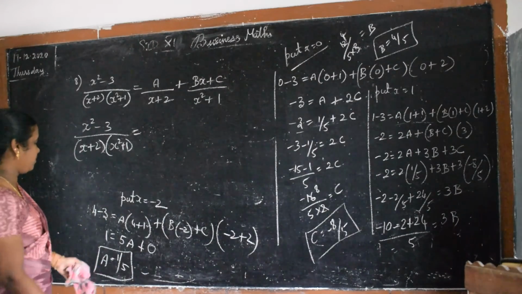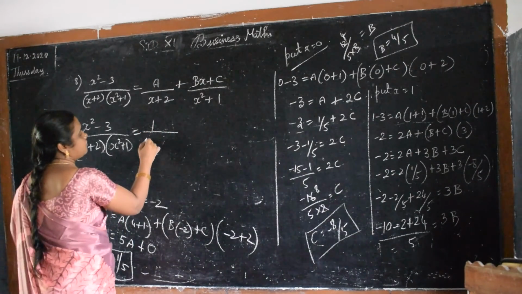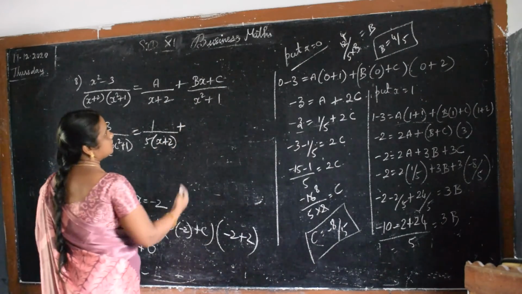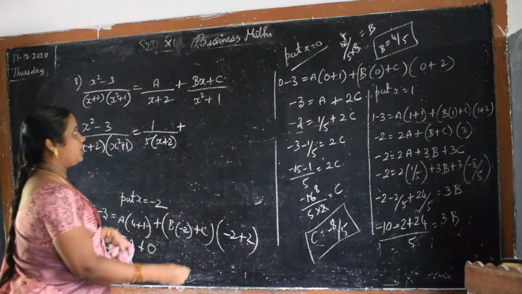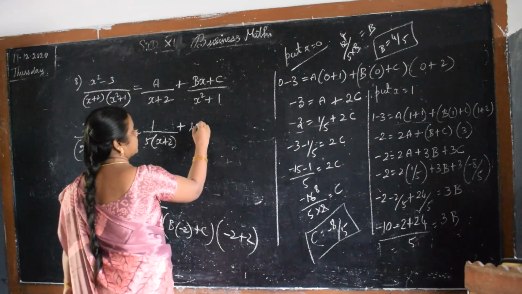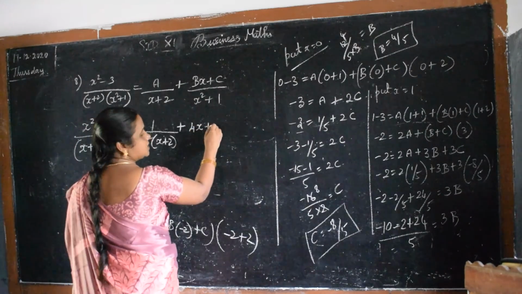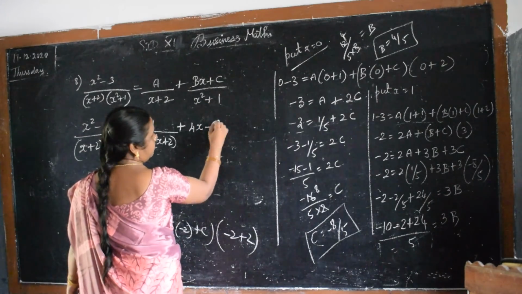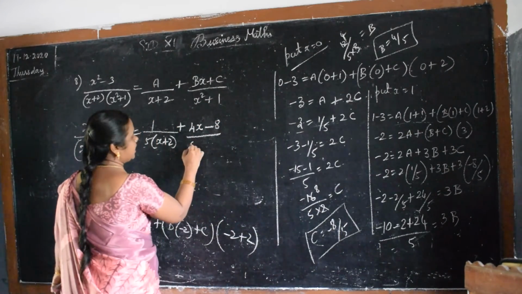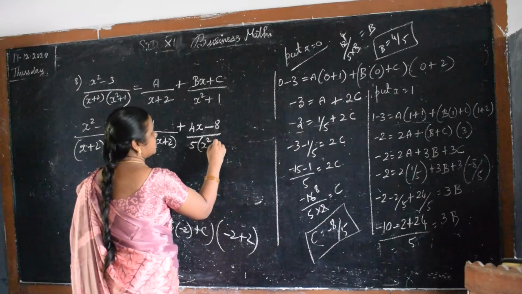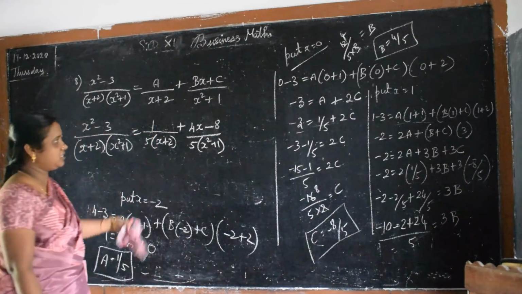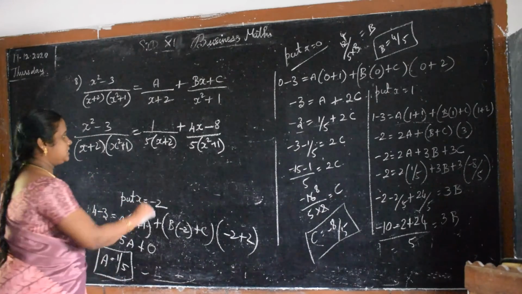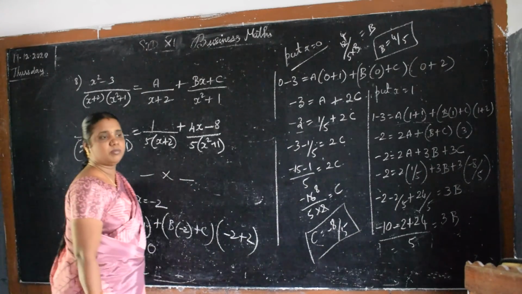What is the value of a? 1/5. So 1/5 into x + 2, plus what is the value of b? 4/5. So 4x plus the value of c is minus 8/5. Take the common 5 for both: (1/5) × ((4x − 8)/(x² + 1)). Like this also you can write, 4x − 8 over 5. Okay, that's all. This problem is over.